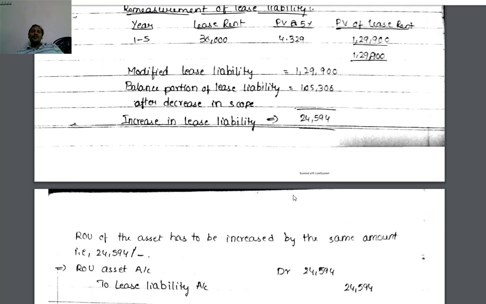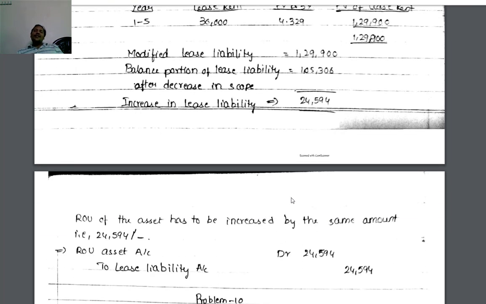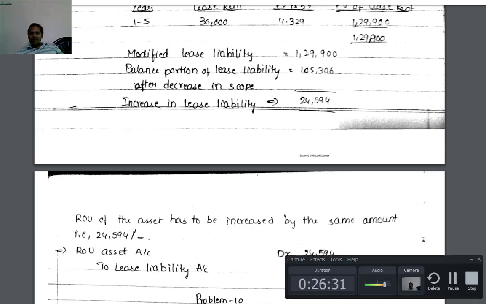The increase in liability is from 1,05,306 to 1,29,900, an increase of 24,594. Liability increases by 24,594. Increase the ROU asset also by 24,594. So the entry is ROU asset account debit to lease liability account, 24,594. The decrease in scope is the specialty of this particular problem.